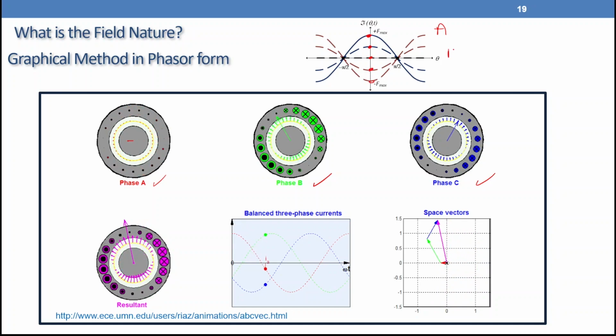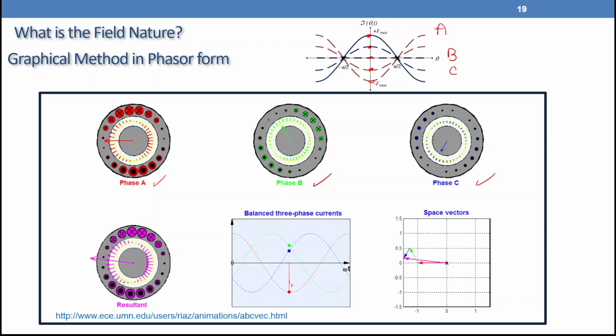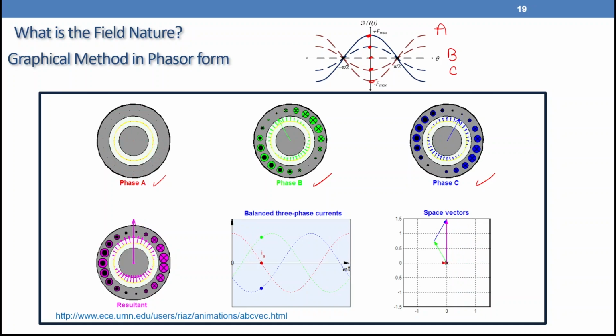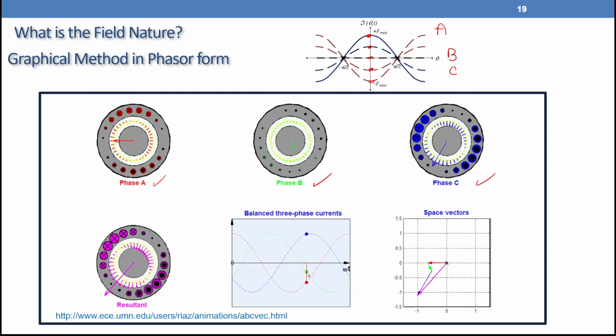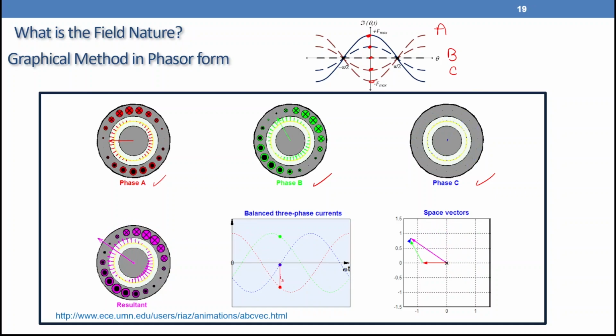The same for phases B and C, but they are shifted by 120 degrees: B is shifted 120 degrees from A, and C is shifted 120 degrees from B, or 240 from A. Let's look at phase B, increasing and decreasing at the same position, and phase C is also increasing and decreasing at the same position. So each phase behaves like a pulsating field.